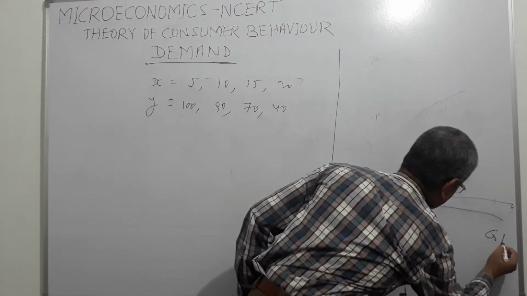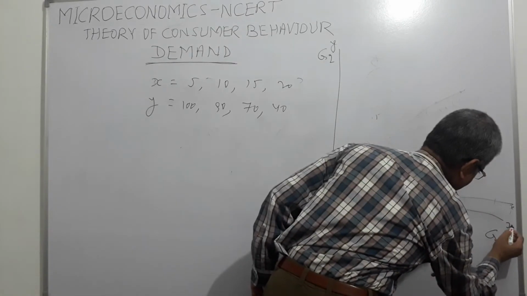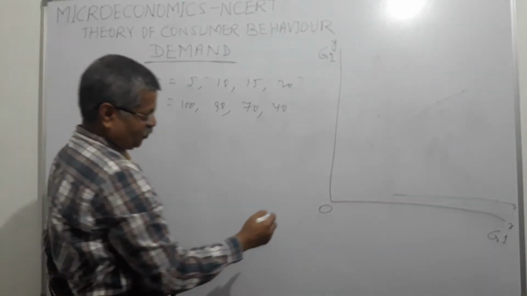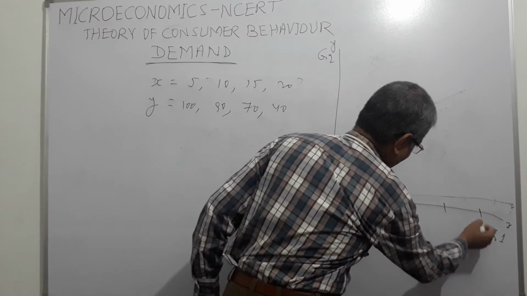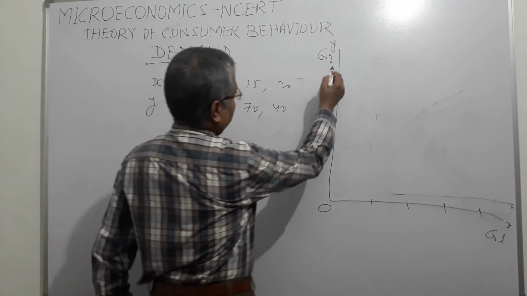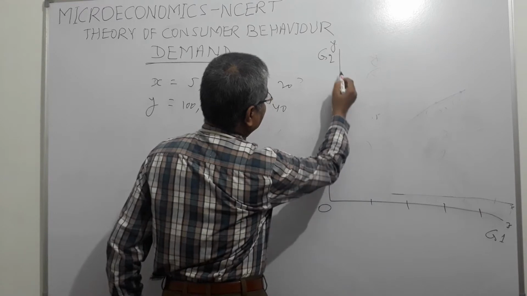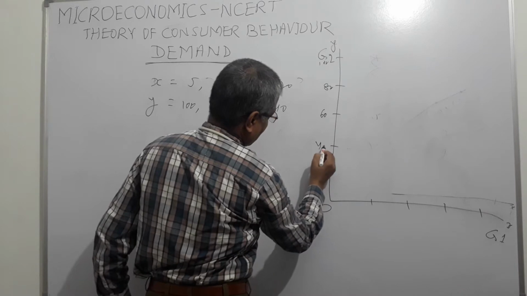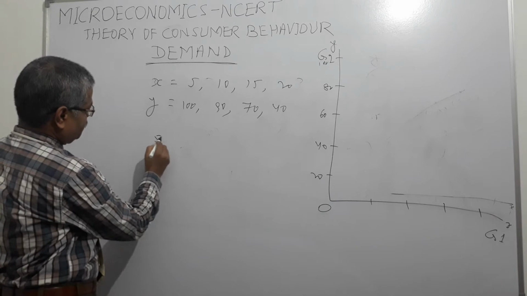O, good 1, good 2, Y, X. Right? So here what did we see? X is 5, 10, 15, 20. And here what do we have? 100, 90, 70, 40. Suppose the axis is 20, 40, 60, 80, 100. Now you plot it.